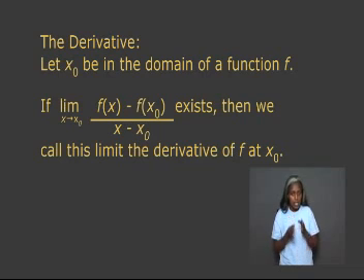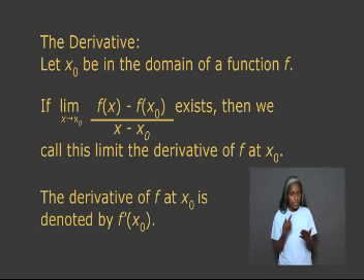If the limit of f of x minus f of x naught over x minus x naught as x approaches x naught exists, then we call this limit the derivative of f at x naught.